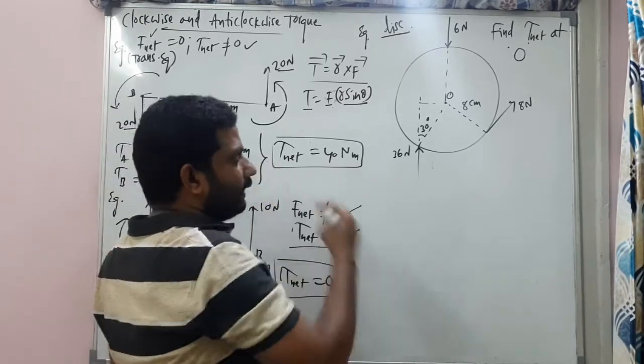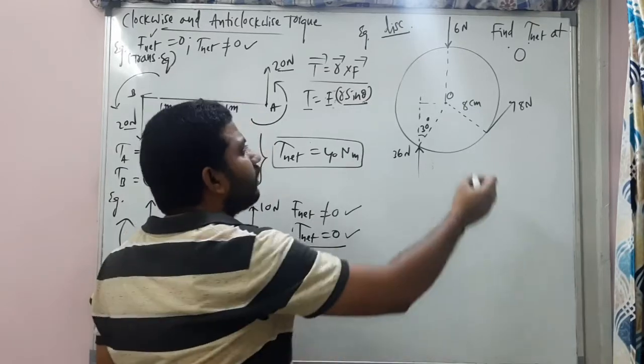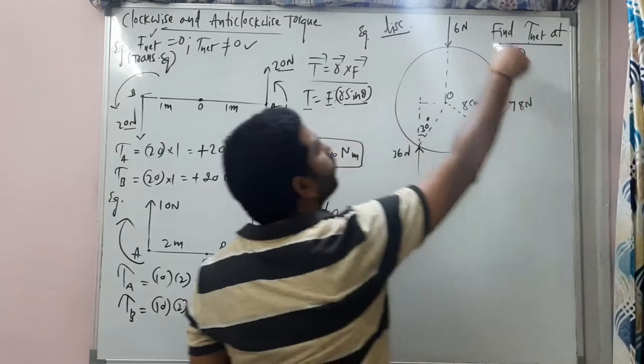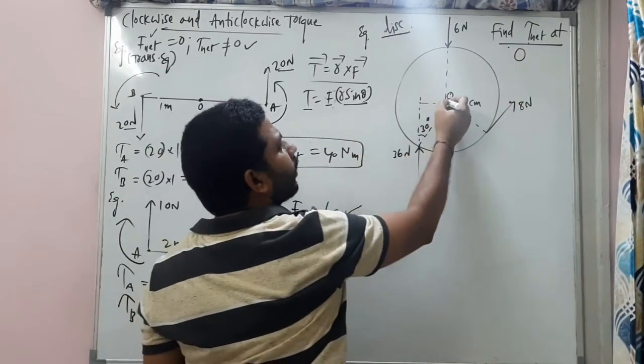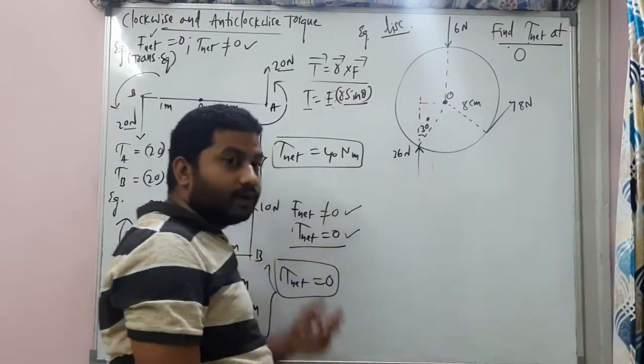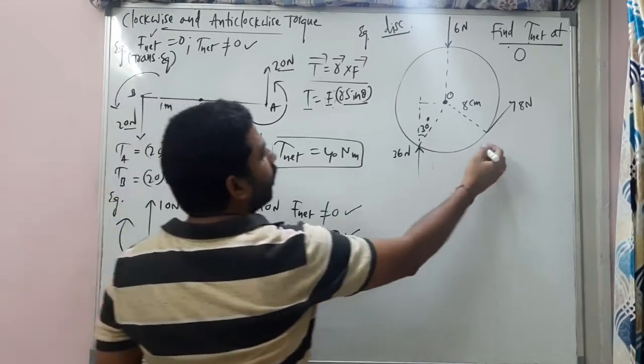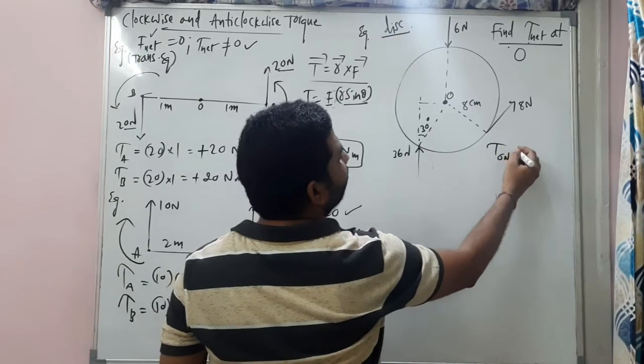Coming back to here. This is the disc. Find the net torque due to all these forces at point O. Net torque at point O. So torque due to the 6 newton force, is it 0?